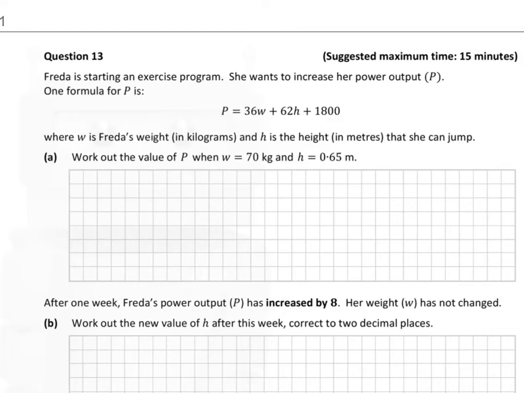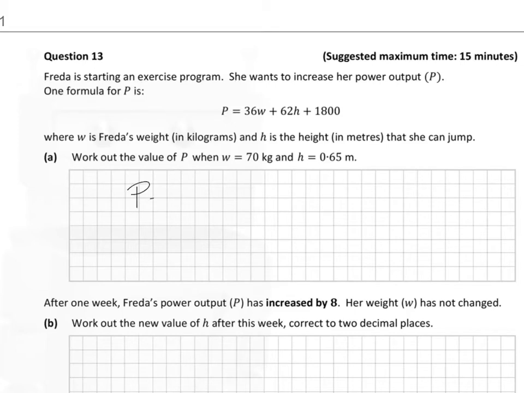Okay, so in this question, we have to work out the value of P when W is 70 kg and H is 0.65. We can see in this formula, this is a formula for Frida's power output, and the weight in kilograms is W and the height in meters is H. So for this first question, we want to know what the power output is when the weight is 70 kg and the height is 0.65.